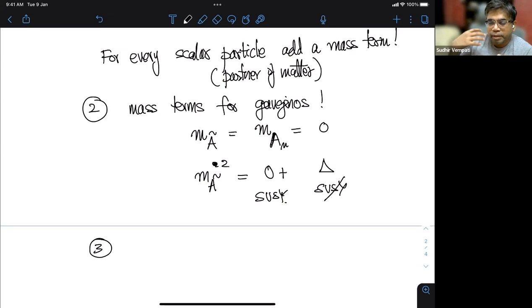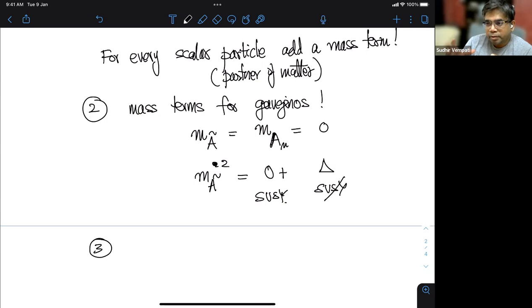Say, for example, if the loop corrections are 2 or 3 times larger than the tree level contributions, it looks like there is some underlying fine tuning happening, because the total mass is tree level plus the quantum correction, which should be small in general, but is extremely large.